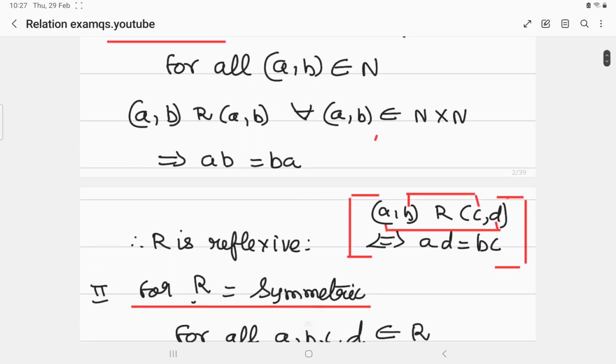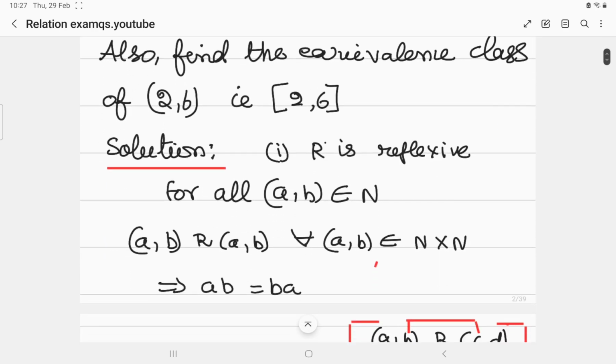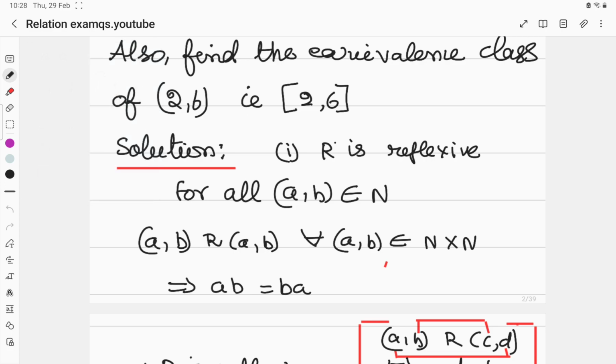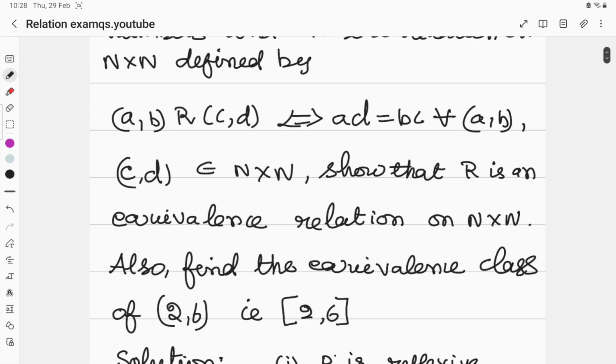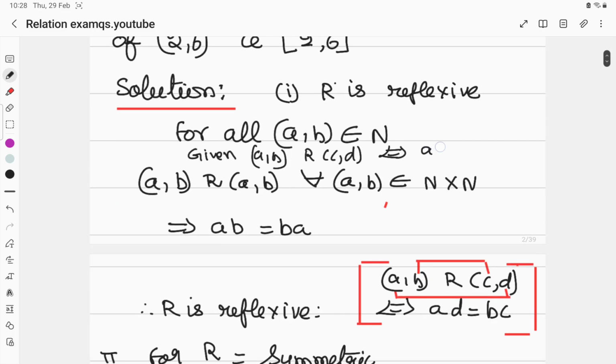Given (a, b) related to (c, d) if and only if ad = bc.